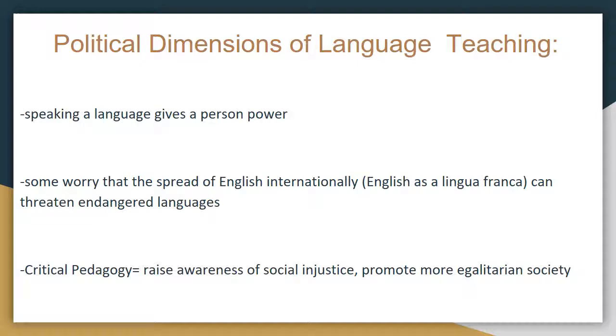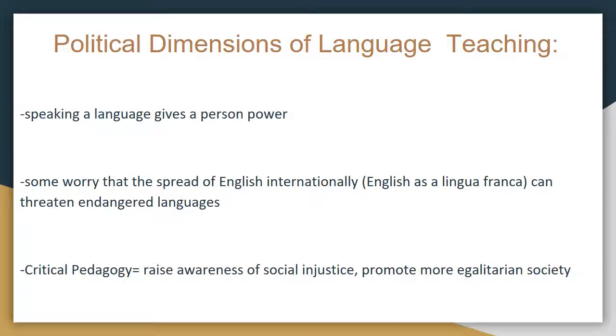Political dimensions of language teaching also imply a conception of critical pedagogy. So critical pedagogy means that as a teacher, you're inspiring and ensuring that your students develop an awareness of social injustice.